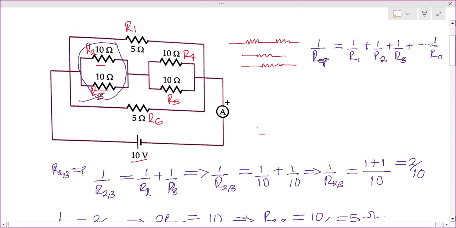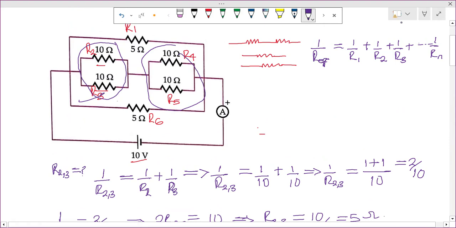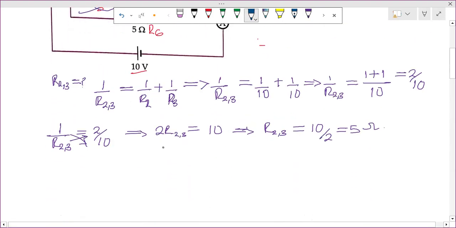Now, if you look at R4 and R5, they are in the same arrangement. They are also in parallel. R4 and R5 have the same value. So to find R4,5, just the same thing. 1 over R4,5 will be equal to 1 over R4 plus 1 over R5.